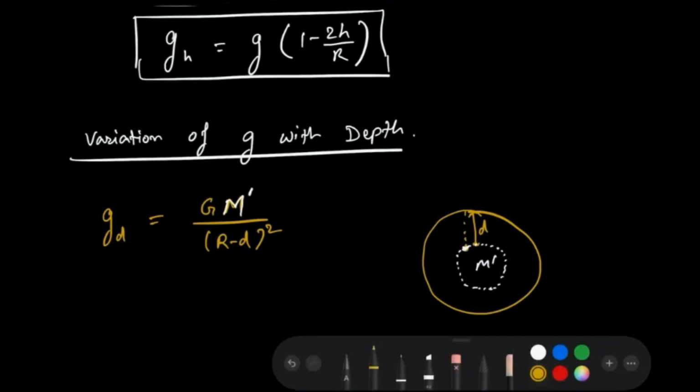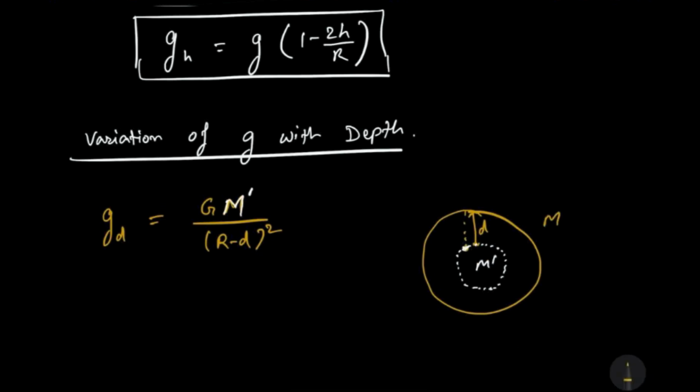M is the total mass of the Earth. Can you find M dash? So this is the correct formula. The denominator is reducing and the numerator is also reducing. Now, which is reducing more will decide whether the gravity g value is decreasing overall or increasing.